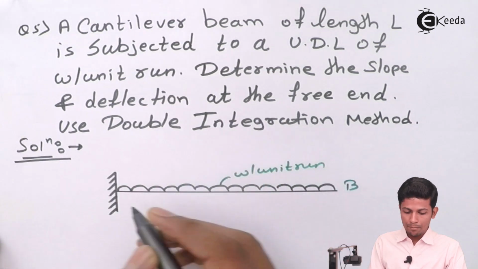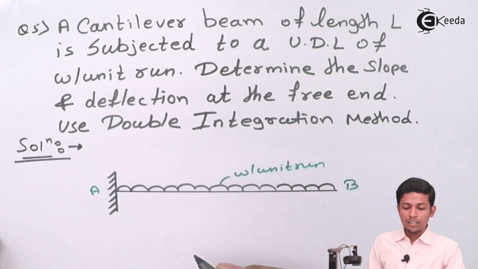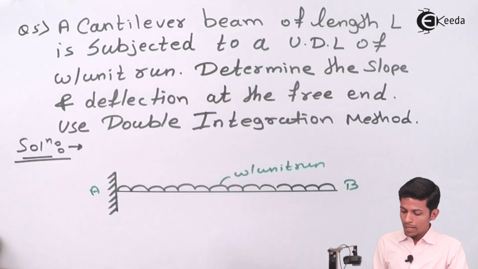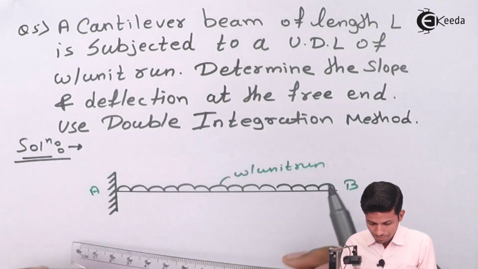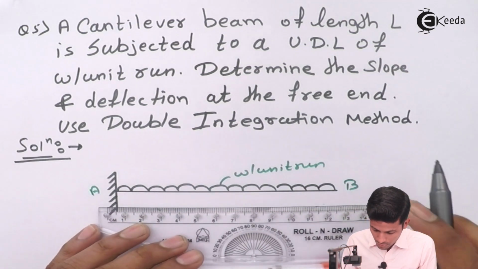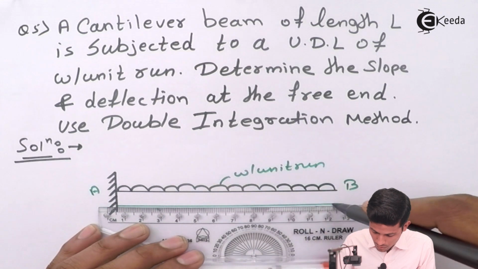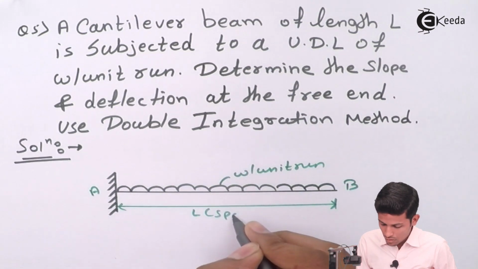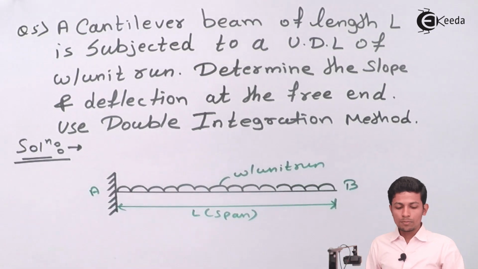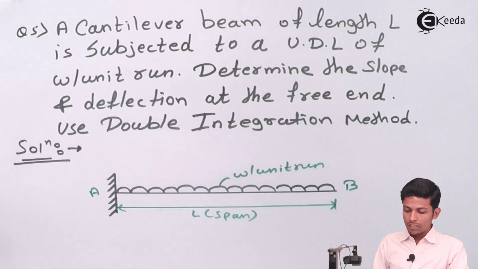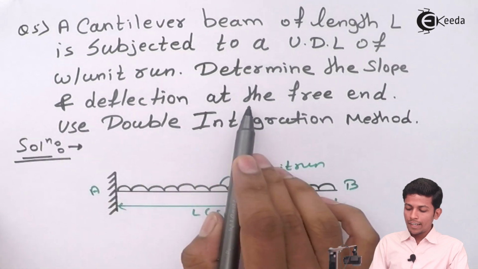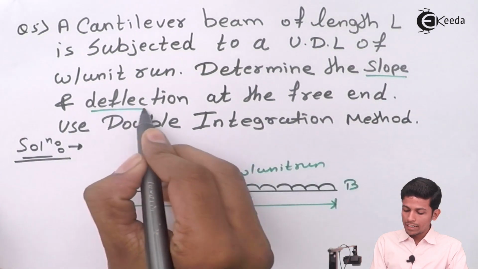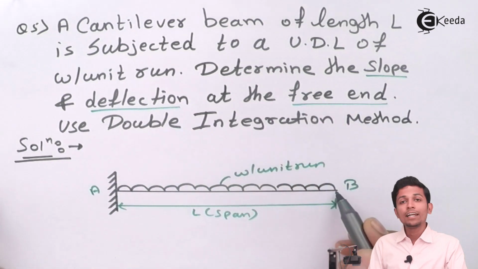This is your free end B and this is your A. The length will be L, this is nothing but the span. Determine the slope and deflection at the free end, means at B.